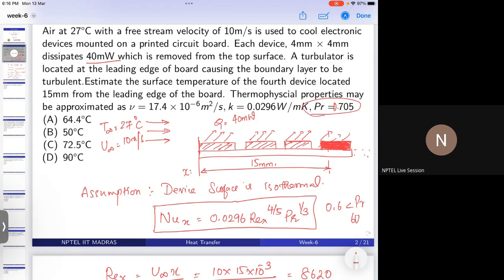I didn't write it because the Prandtl number is 0.7. But you should check, and if the Prandtl number is not within this range, then you have to go to other equations. Yeah, it's always good to write this limit.